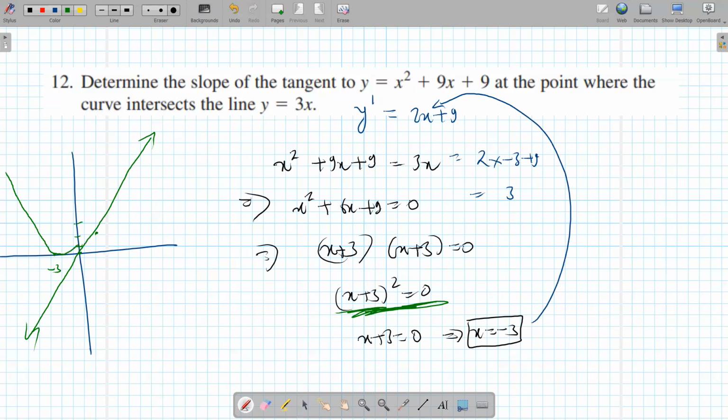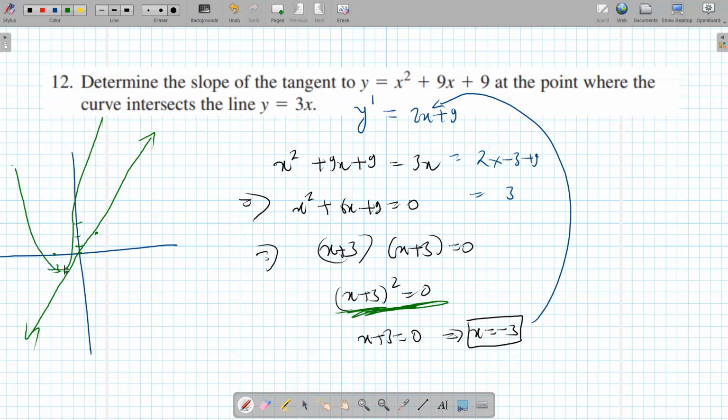What did we get? Actually, no. X plus 3 whole squared. It's going to intersect the line y equals 3x. Okay, cool. So it's going to look something like this. It's only going to meet it once, though. It's going to meet it once at negative 3.